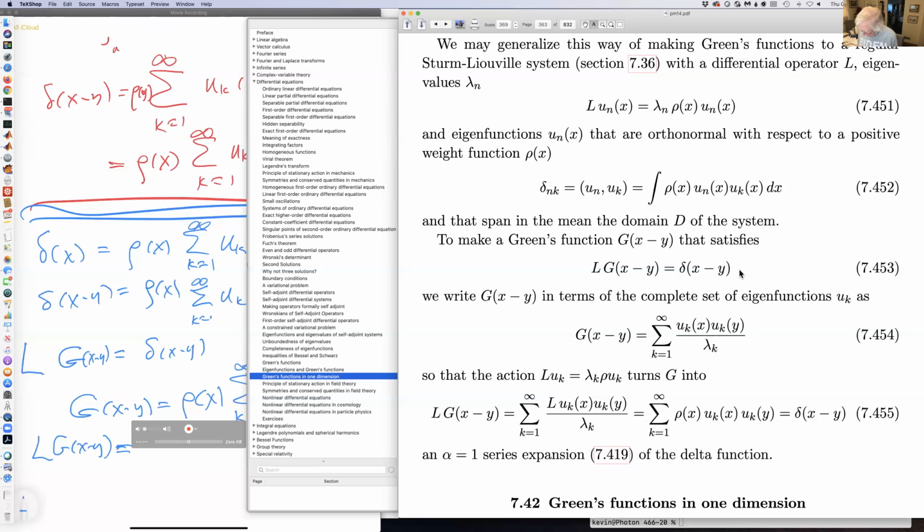L is acting on x, and let me use y here. So I'm going to come in with the magic eraser and make this a nice y. So this is going to be rho of y, sum on k, L_x uk of x, uk of y.